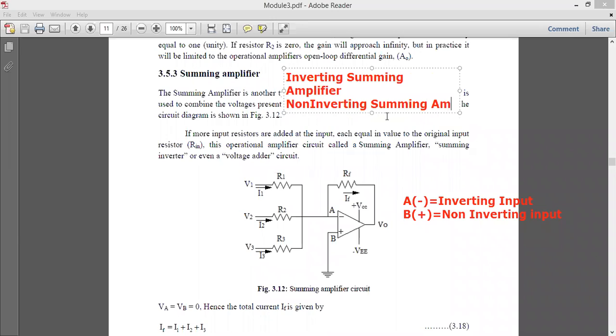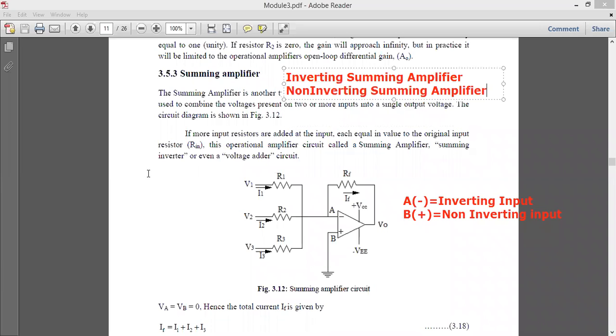We have two types of summing amplifier: one is inverting, another is non-inverting. Let us see one by one what these inverting and non-inverting summing amplifiers do.